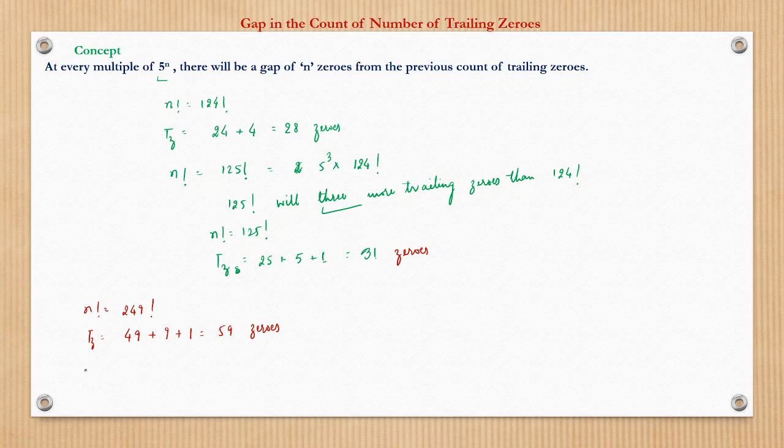Now if n factorial becomes 250 factorial, what will be the trailing zero? So 250 factorial is nothing but 250 into 249 factorial, and 250 is nothing but 2 into 5 raised to power 3. So 250 factorial will have 3 more trailing zeros, because it has 3 powers of 5 extra than 249.